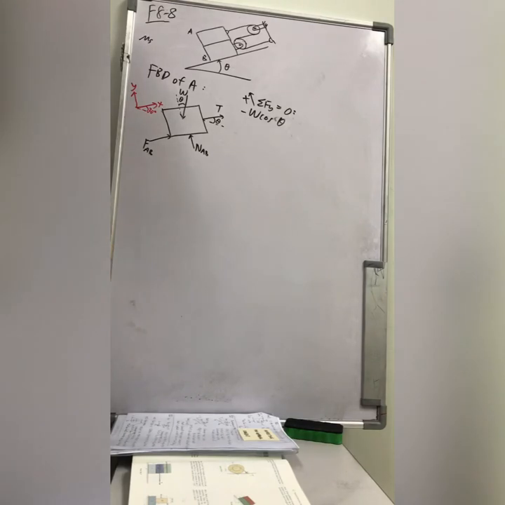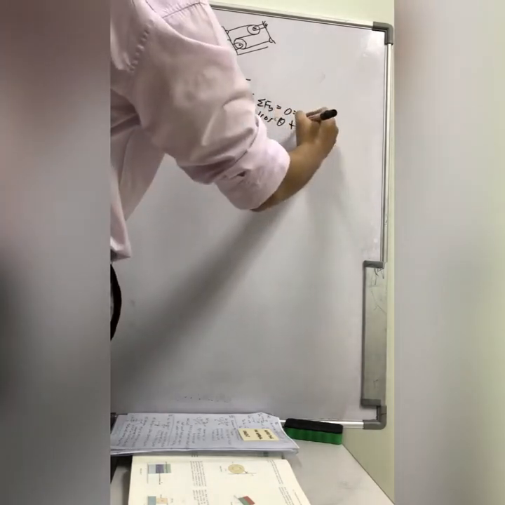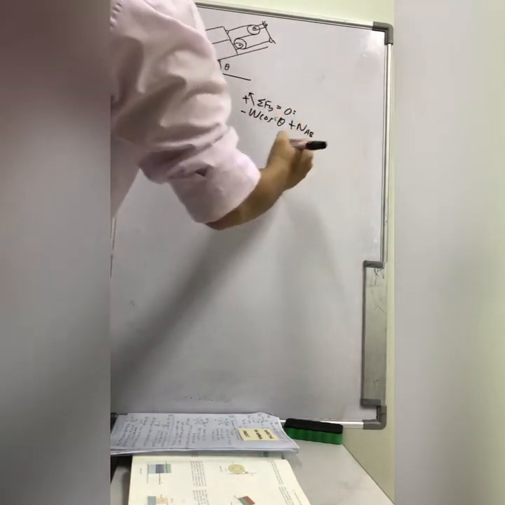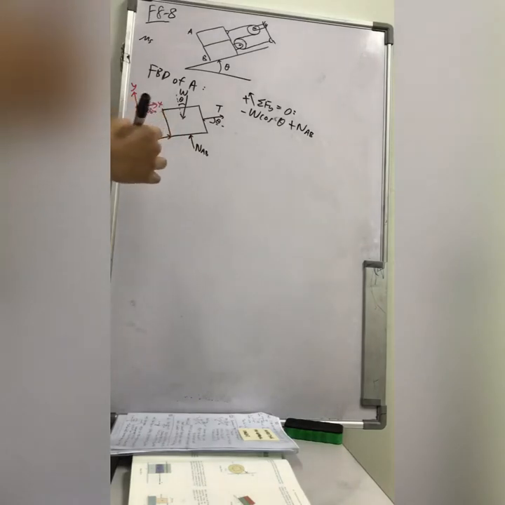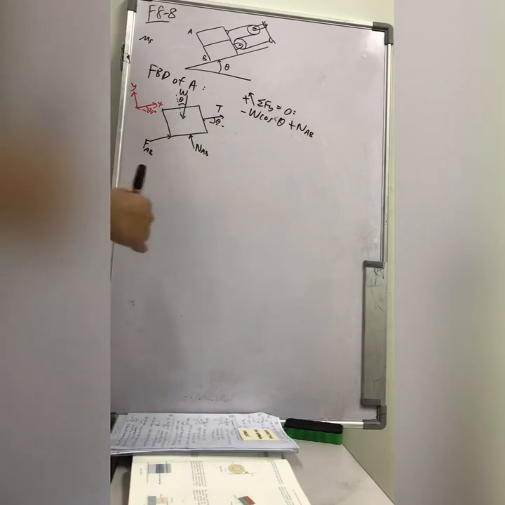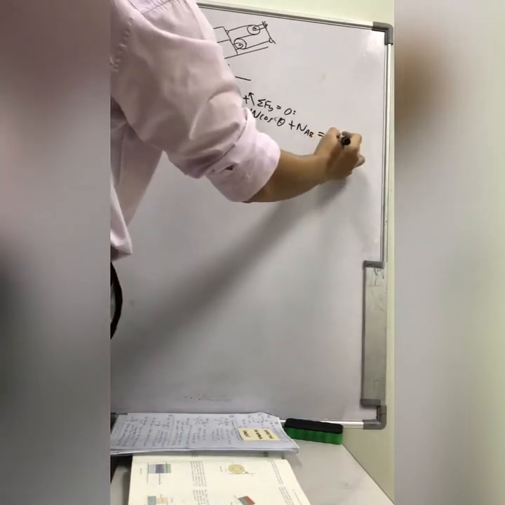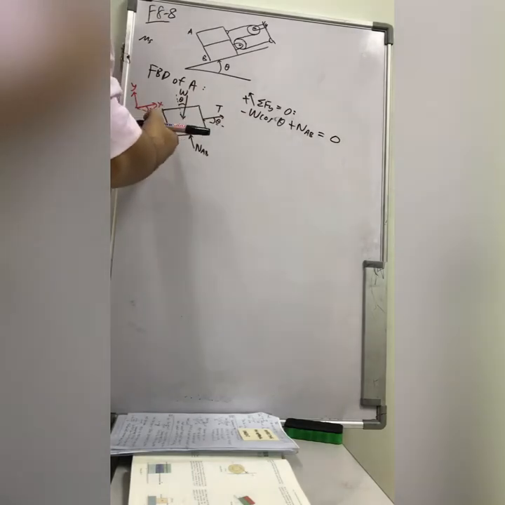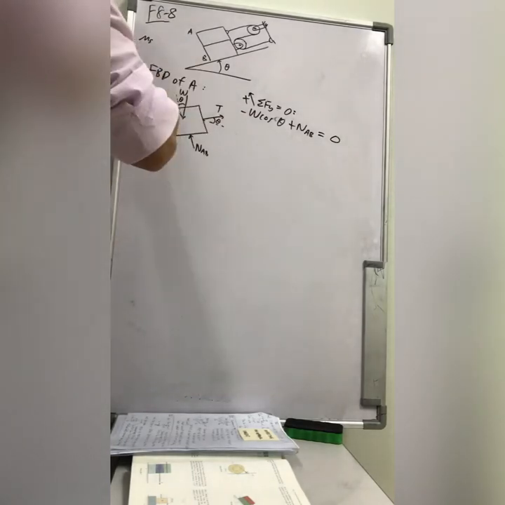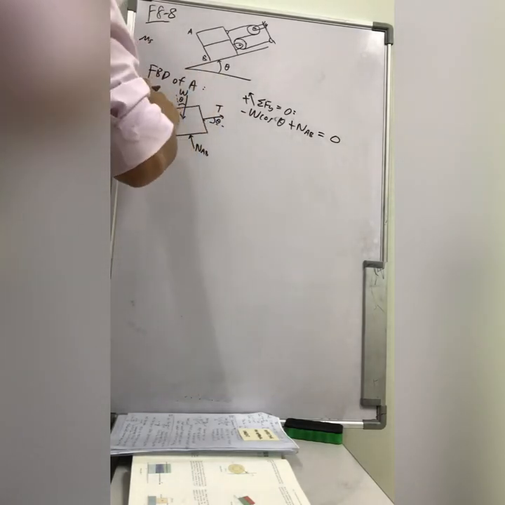What else do you have? You have plus N_AB, and that's all, because T and F_AB are solely X components.